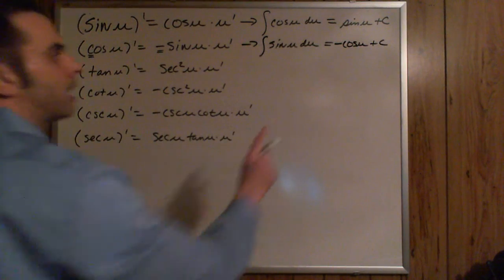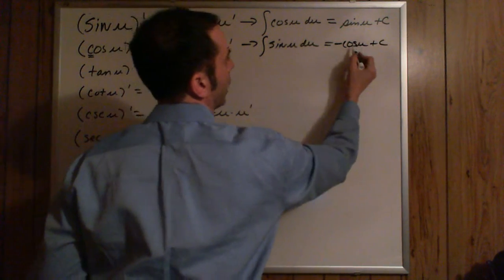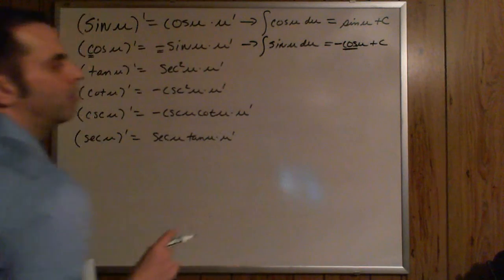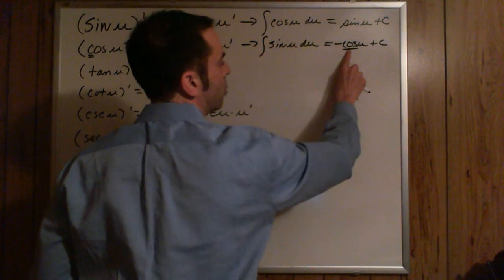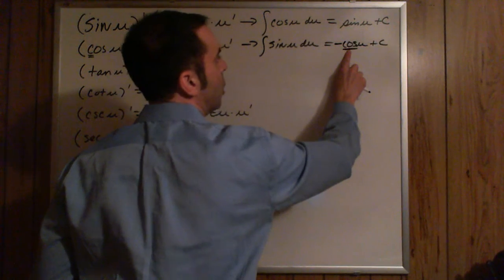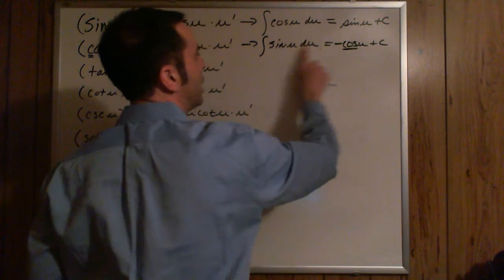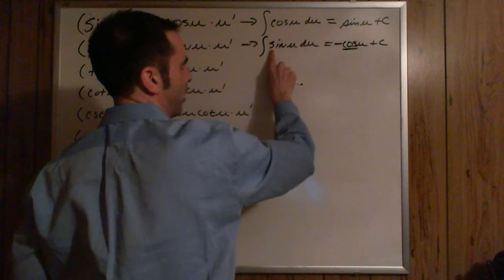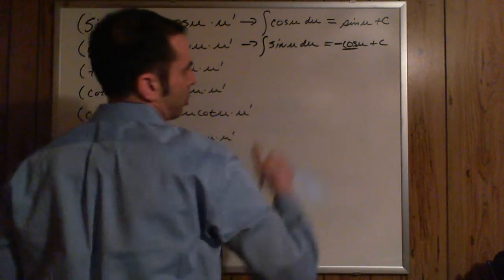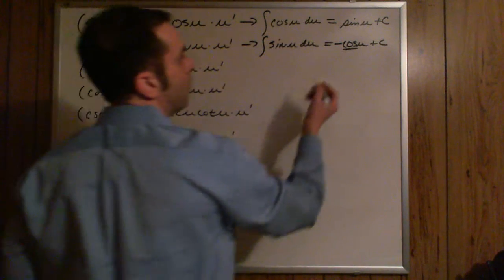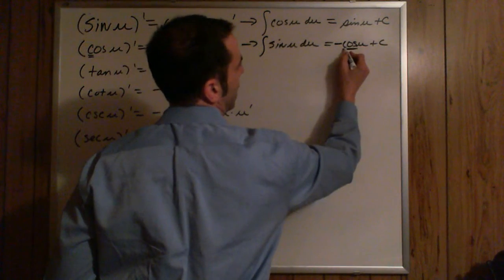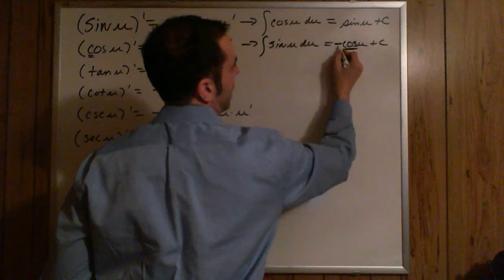As you check, when you take the derivative of cosine right here, the derivative of a co function is a negative answer. So the derivative of cosine is negative sine, but times this negative would now yield a positive sine. And the derivative of c again is just 0. The bottom line is that when you end up with an answer that is a co function, it is negative.